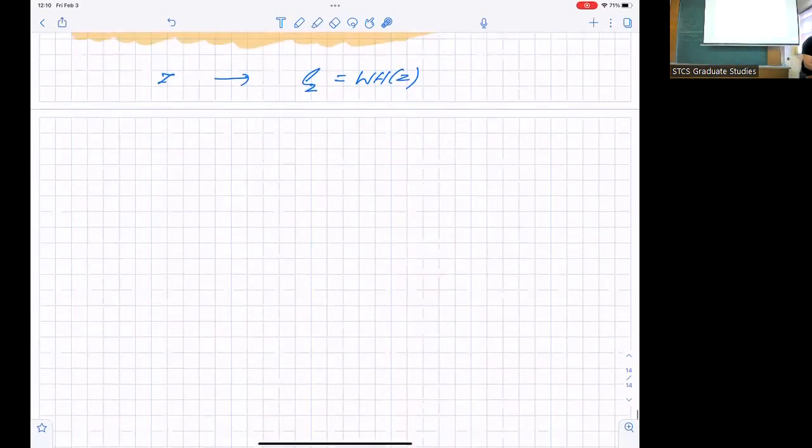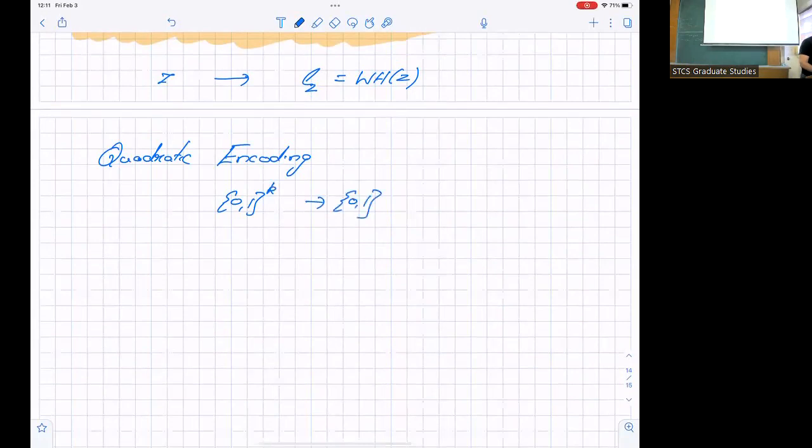So I'm going to give a quadratic encoding, quadratic WH encoding. I have no name for it. Quadratic encoding. Which is basically, I'm going to map a string in 0,1 to the power k to a string in 0,1 to the power k squared.